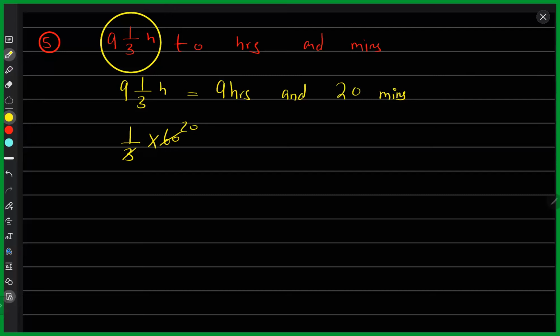Converting to 0.333 would be a wrong approach. This would make your question more complicated. So just know, for mixed numbers, you can give the answer in the same way. This part would become the complete number of hours, and for the incomplete hour, just multiply it by 60 to find the number of minutes, and this would be the answer.